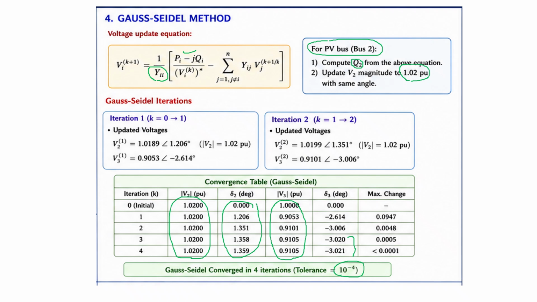If we consider that, for example, here the voltage magnitude is changing from 1 per unit to this, so the voltage magnitude variation is 0.094. This is greater than the tolerance, then we'll go for the next update.